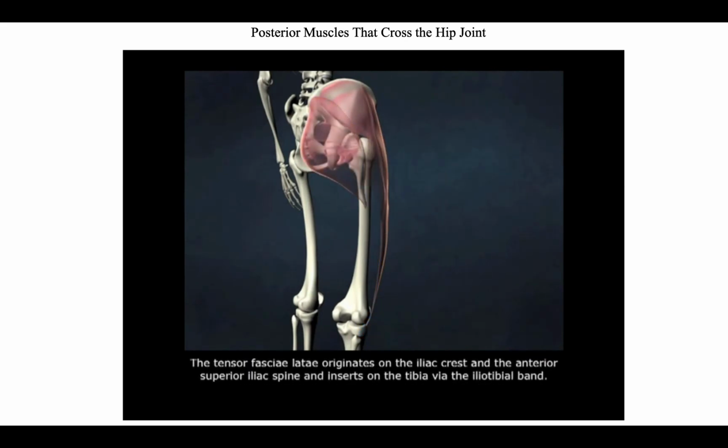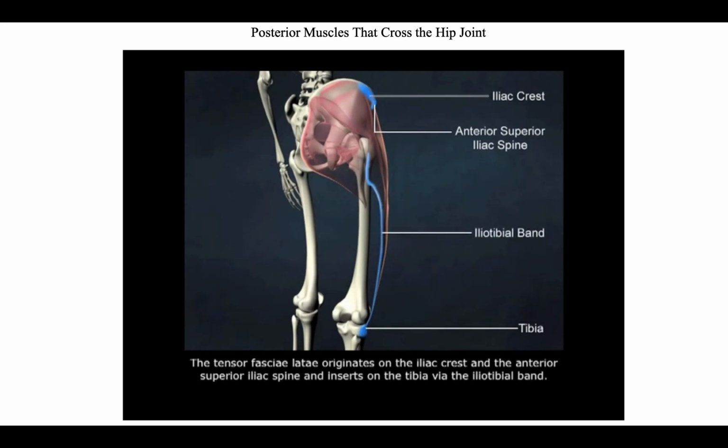Tensor fasciae latae originates on the iliac crest and the anterior superior iliac spine and inserts on the tibia via the iliotibial band.